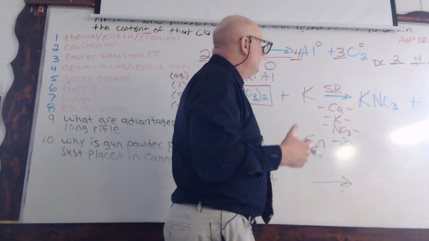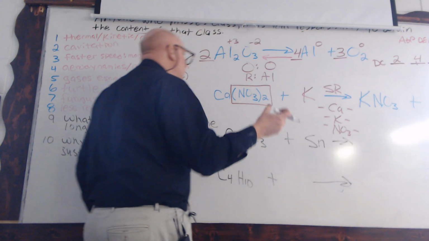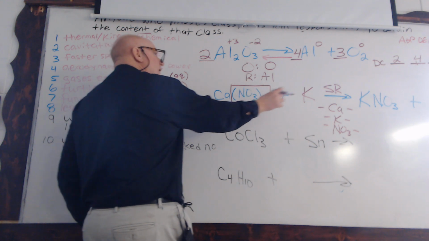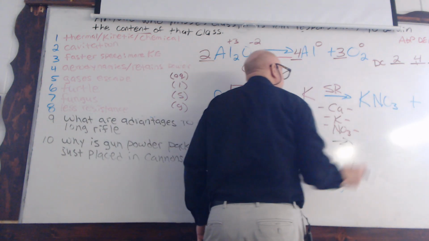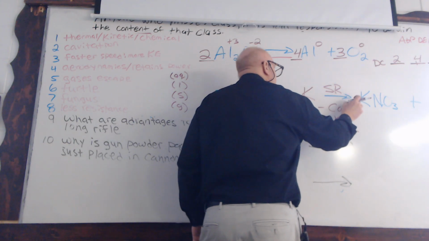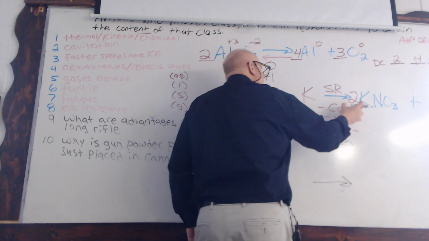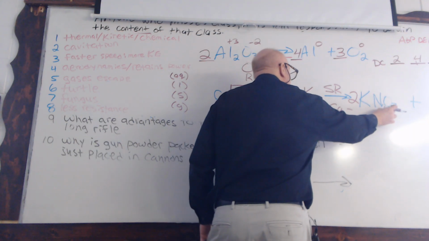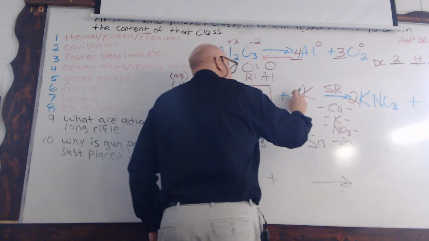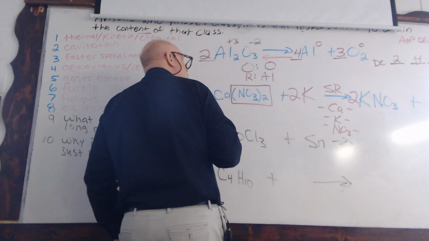But you don't have to, because this gets solved pretty quickly when we say we've got 2 nitrates on this side, because that's the only place we can start, and this only has 1 nitrate over here. So therefore, what must we put in front of here? Okay? So then we've got 2 potassiums and 2 nitrates, but only 1 potassium here. Put a 2 there as well. Now we've got everything balanced.